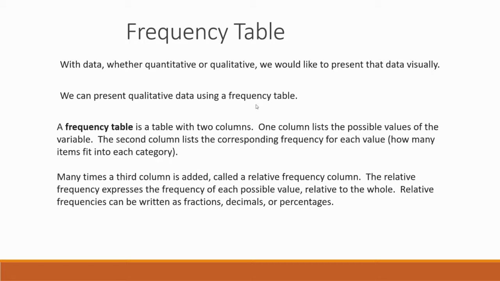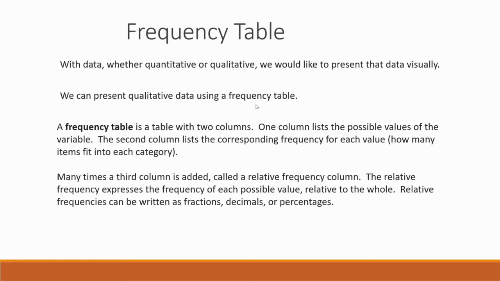One column lists the possible values of a variable, like, for instance, favorite color. Remember, this is qualitative data. The second column lists the frequency for each value, how many items fit into that.